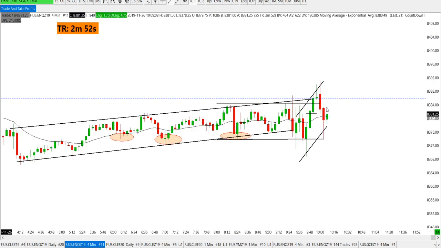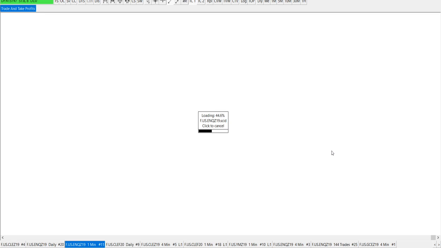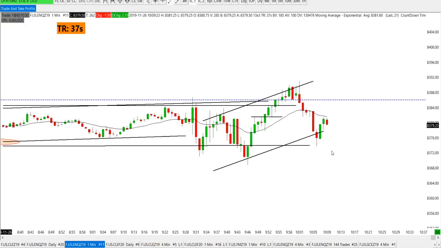If you look at the structure though, the buyers still have the upper hand because we didn't create any new lows. But right now I'm still trying to figure out what the smart money is doing. I don't want to rush anything.